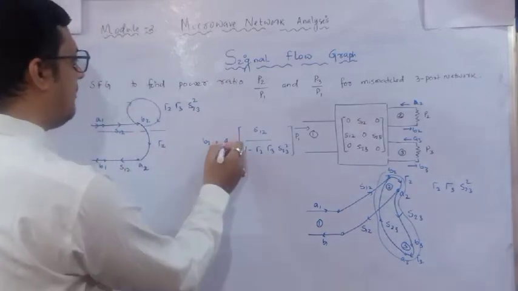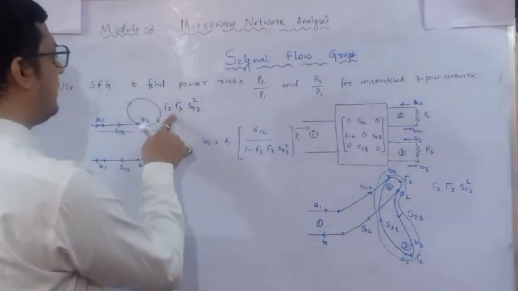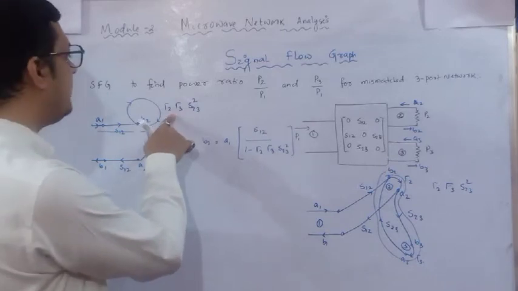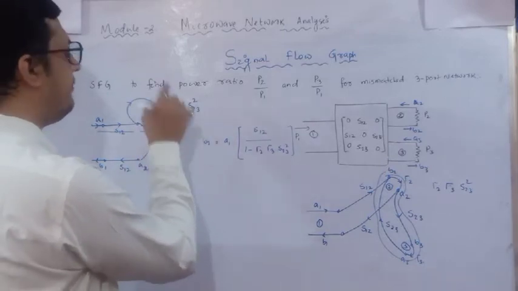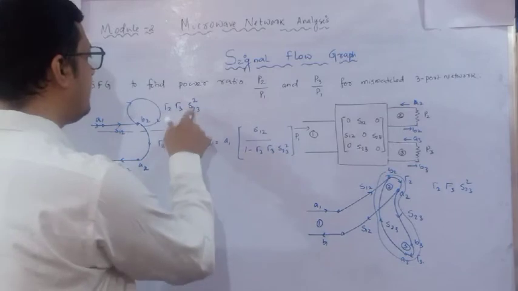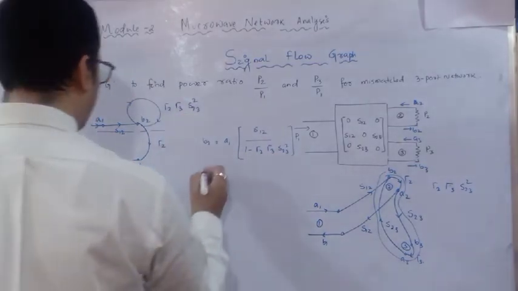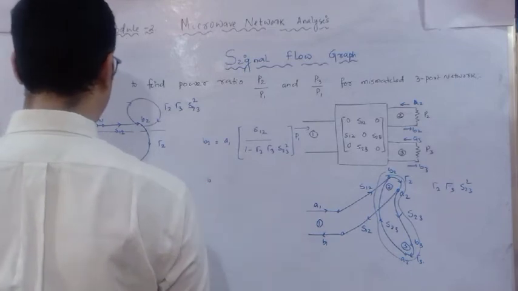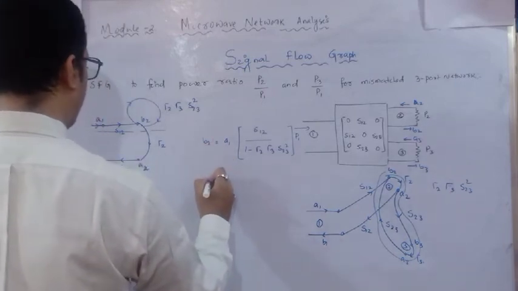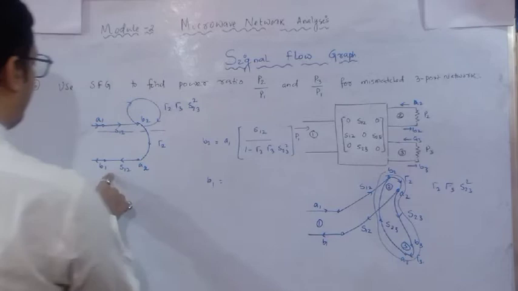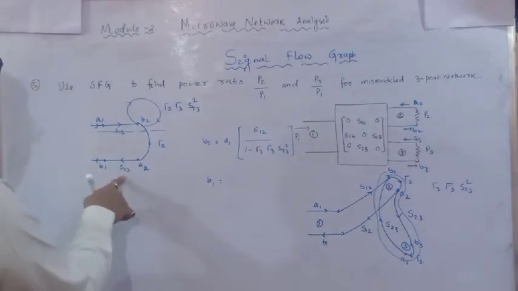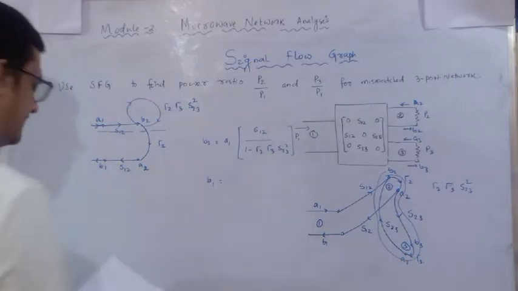So it is A1 S12 divided by the self loop value, 1 minus reflection coefficient 2, reflection coefficient 3 and S23 square. So this is B1. Similarly, this is B2. Similarly, B1 from the lower part you can see it is S12 into A2.